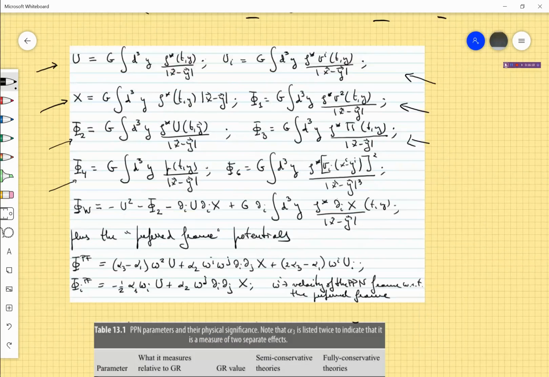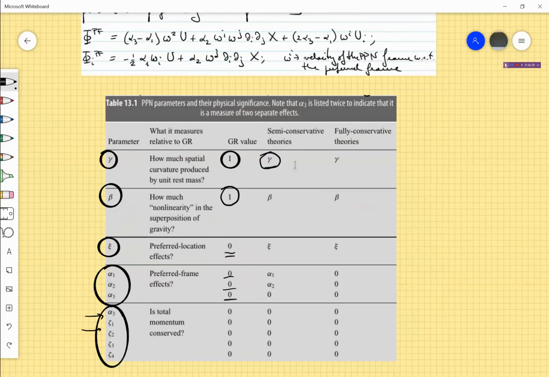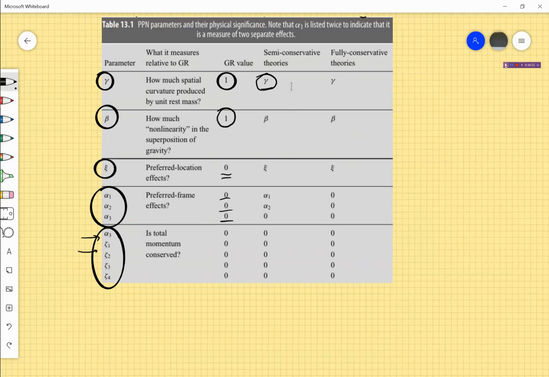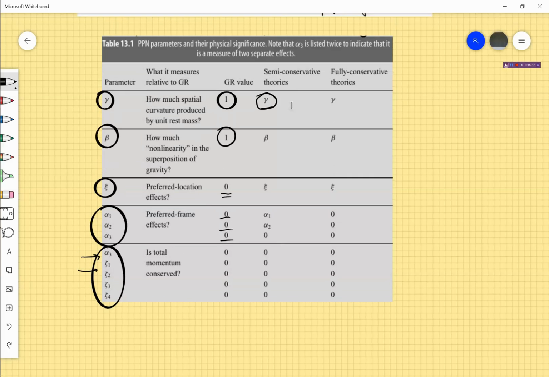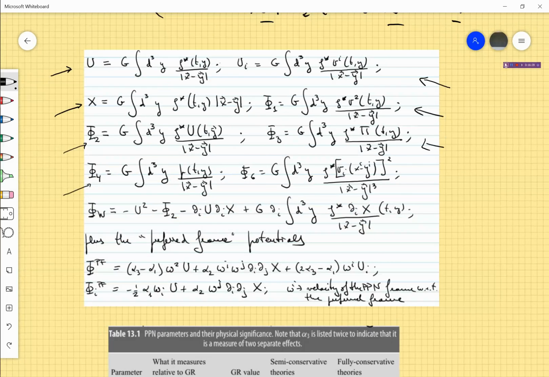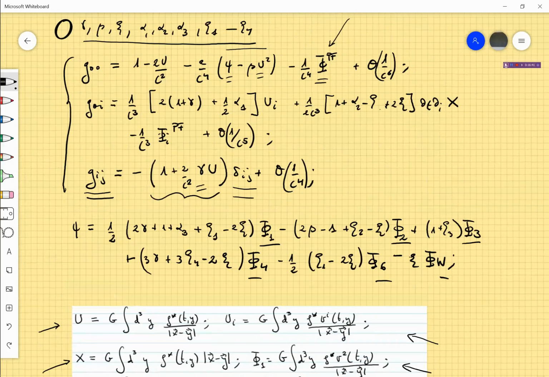So now you probably want to consider different kinds of matter, solve for these potentials, and then the next step, once you have found the potentials, you have determined the metric in terms of these parameters, the general PPN metric to first order.